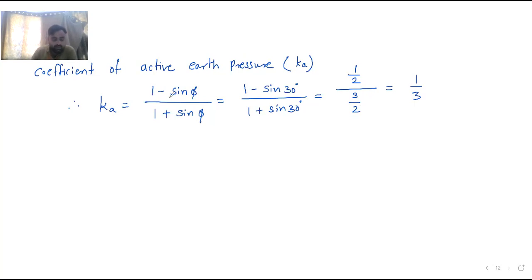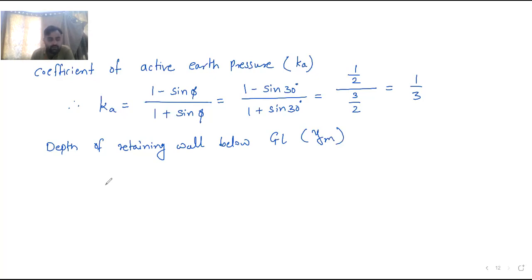Now the depth of retaining wall below ground level. Okay, this was your first step, and the second step is the depth of retaining wall below ground level. I will not give the names, numbering; if you want, you can give. It is denoted by letter Ym.